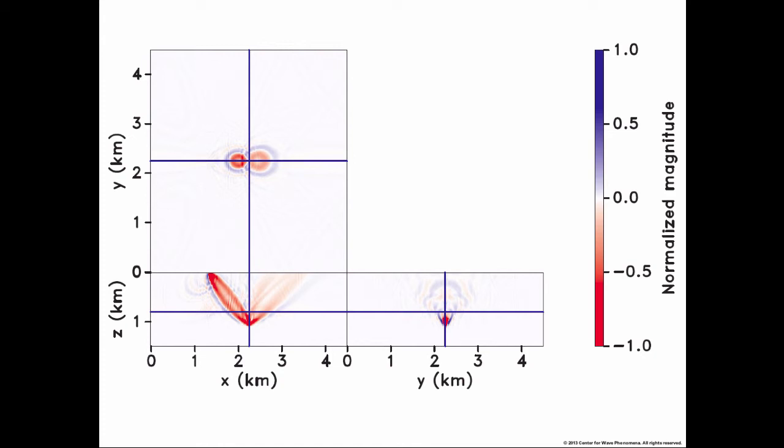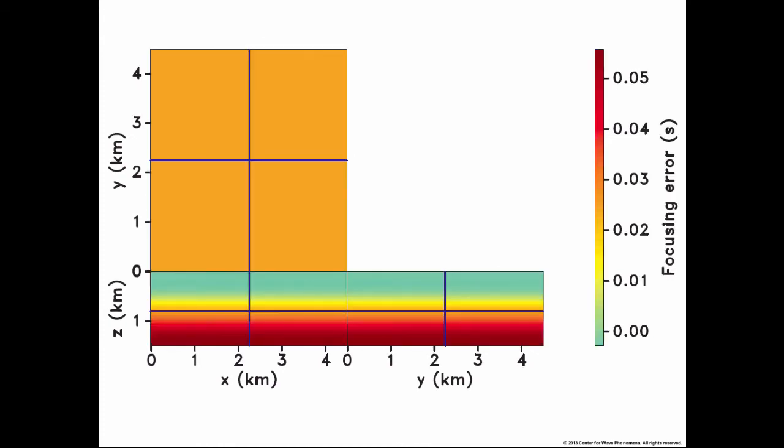So if we look at the focusing error delta tau in this case, we see that the focusing error delta tau is 0 in the place of the first layer, but it's not 0 in the place of the second layer.